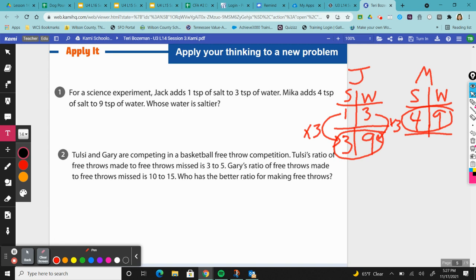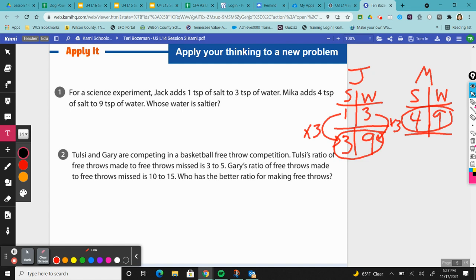All right, let's take a look at number 2. Tulsi and Gary are competing in a basketball free throw competition. Tulsi's ratio of free throws made to free throws missed is 3 to 5. Gary's ratio of free throws made to free throws missed is 10 to 15. Who has the better ratio for making free throws? All right.